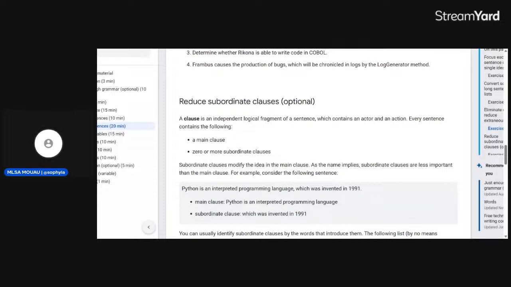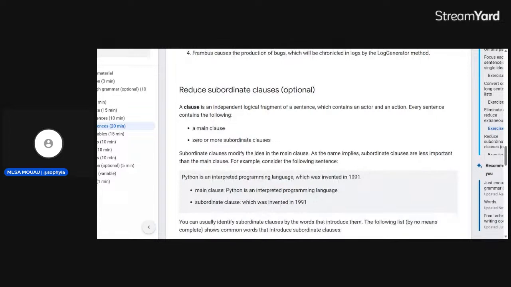For example, Python is an interpreted programming language. So this can be a clause. The actor here would be Python, and the action would be, I think, interpreted.